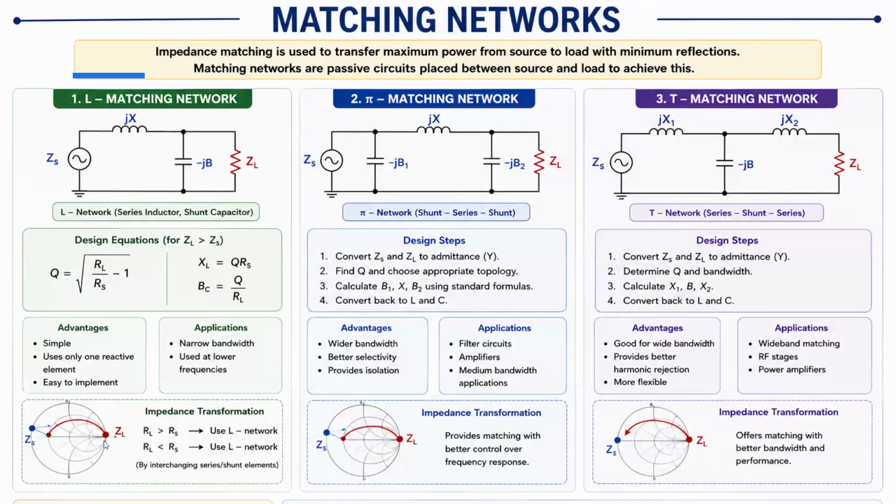Along with the Smith chart, we can plot Cartesian plots and even three-dimensional Cartesian plots in QUCS software. That is also what we are going to see. The second column represents the pi matching circuit, and the third column is the T matching circuit. So let us move to the software to design these three corresponding networks.